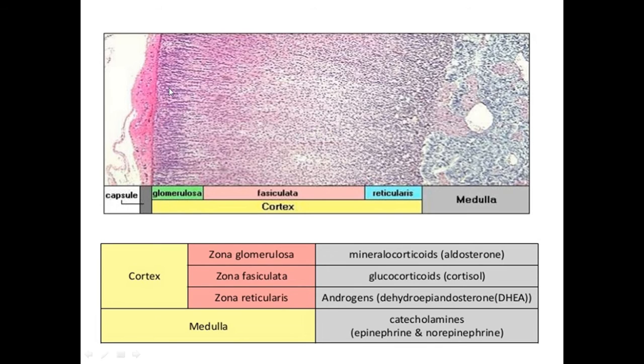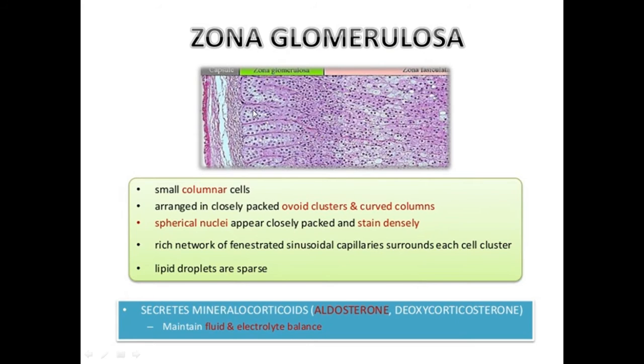Zona glomerulosa contains darkly stained acidophilic cells with dark nuclei, and the cytoplasm contains abundant smooth endoplasmic reticulum, well developed Golgi complexes, and large mitochondria with shelf-like cristae and only a few lipid droplets.